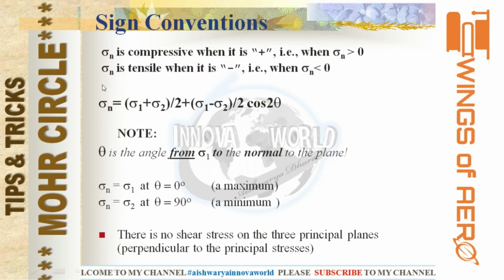When we get a negative value, that means the nature is tensile. That means when sigma n is less than 0, it is tensile, and when sigma n, that is the normal stress, is greater than 0, we get compressive stress.